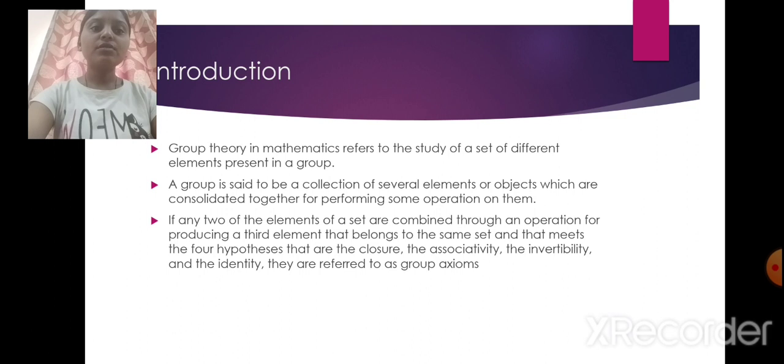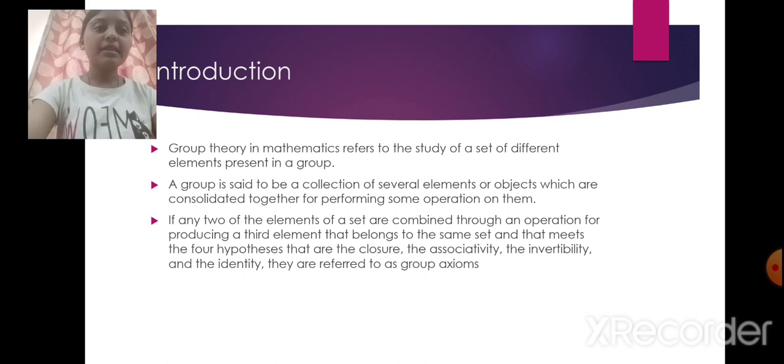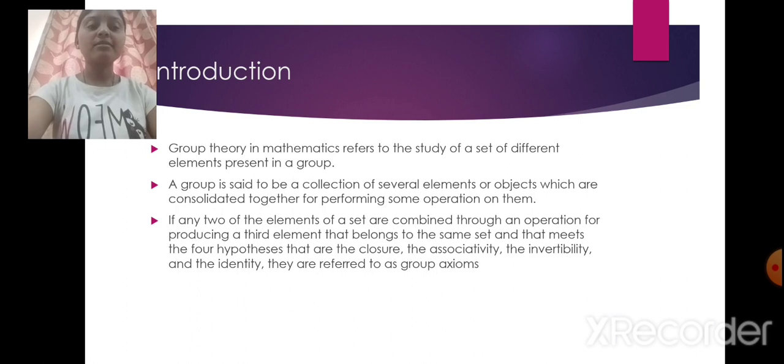If any two of the elements of a set are combined through an operation for producing a third element that belongs to the same set and that meets the four hypotheses, that are the closure, the associativity, the invertibility and the identity, they are referred to as group axioms.